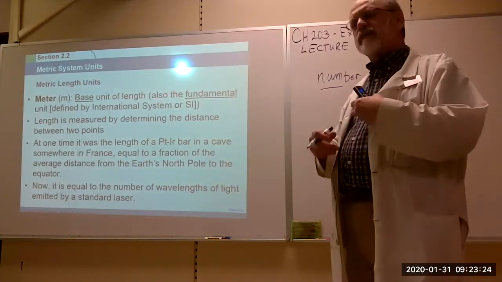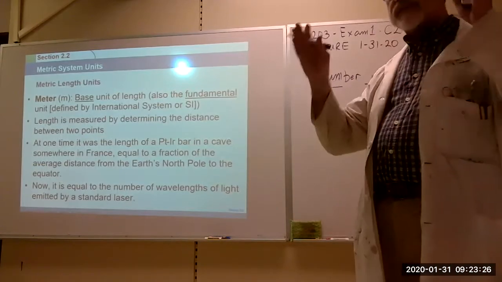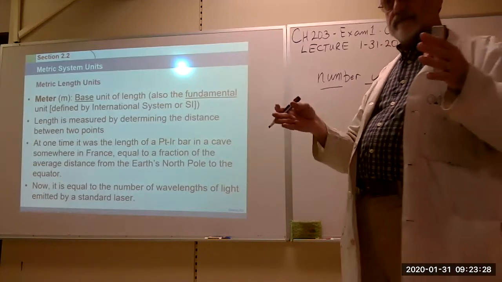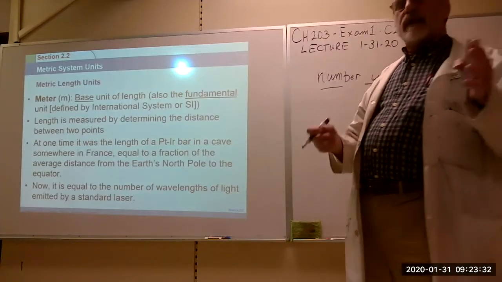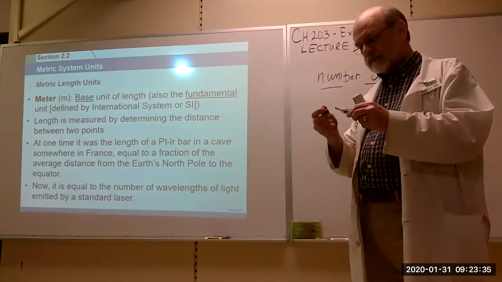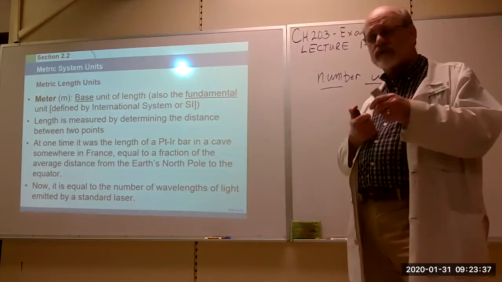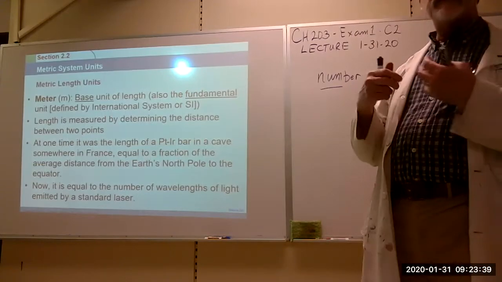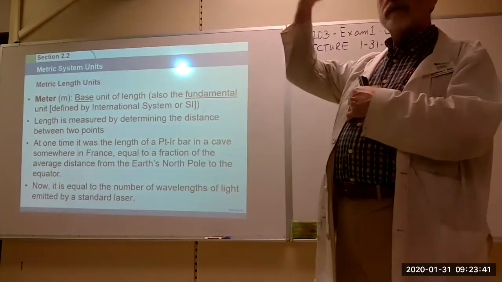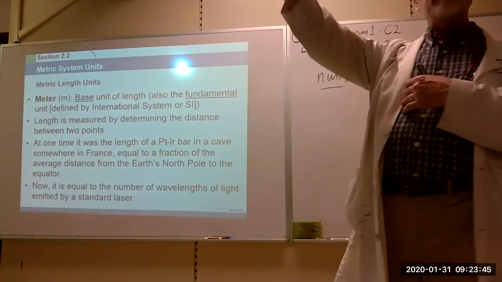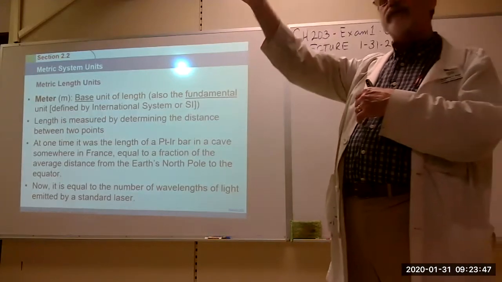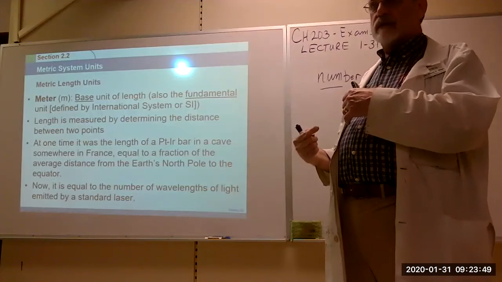And what the fundamental means is that is the standard of length. Right? It's not just the base unit, it's also the standard. And originally, the meter was a fraction of the distance between the equator and the North Pole on the meridian that passed through near London.